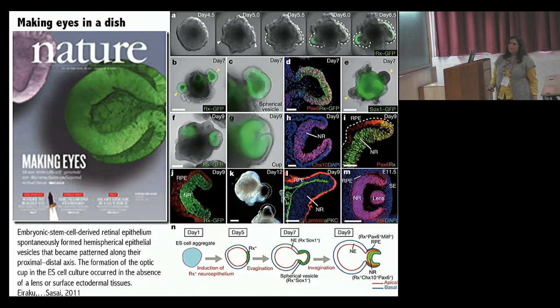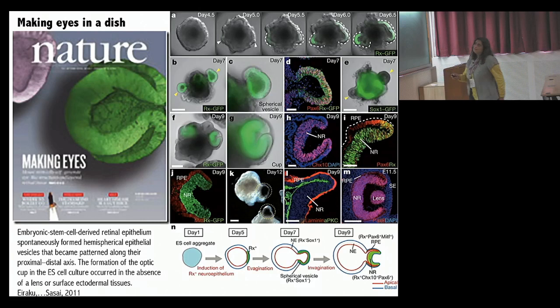So essentially what they showed was that embryonic stem cell derived retinal epithelium spontaneously formed hemispherical vesicles that became patterned along this axis. And this occurred in the absence of a lens or surface ectodermal tissues that I showed you, provided inductive signals during the normal development of the eye.